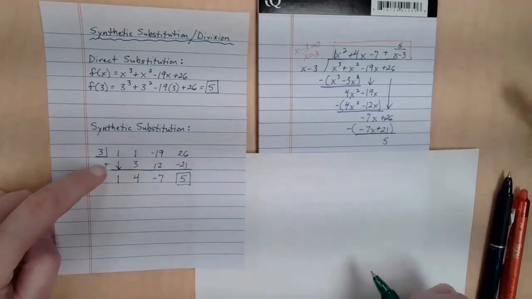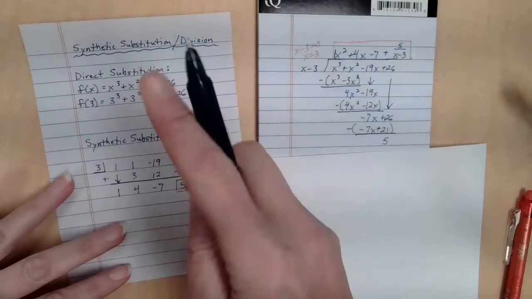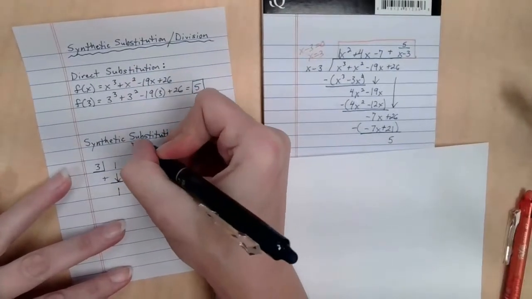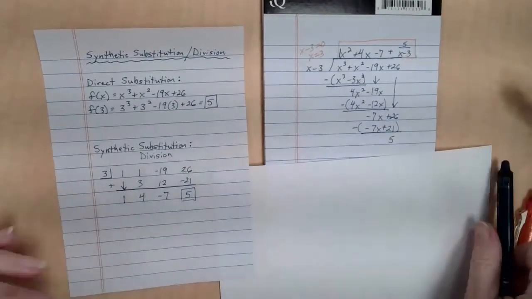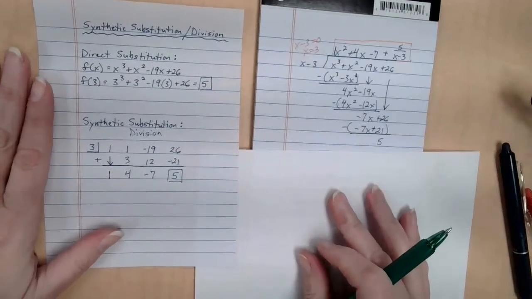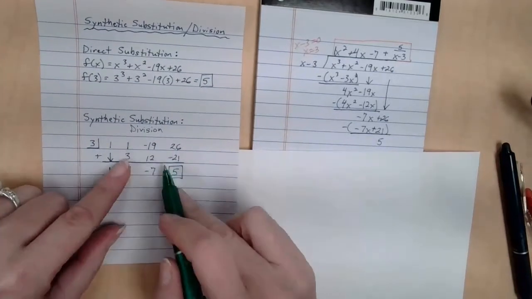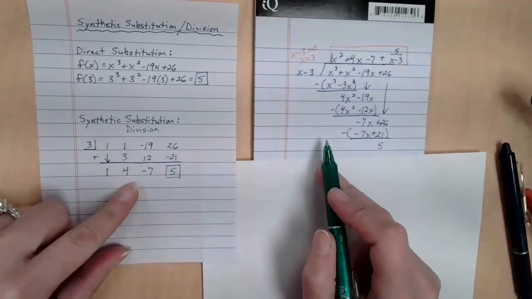Guys, this is not just synthetic substitution. At the same time, it is also synthetic division. Weirdly enough, substitution and division kind of work the same way for this. This isn't magic at all. This is just somebody noticed the patterns in long division and said, hey, I can take these patterns and shorten it up.